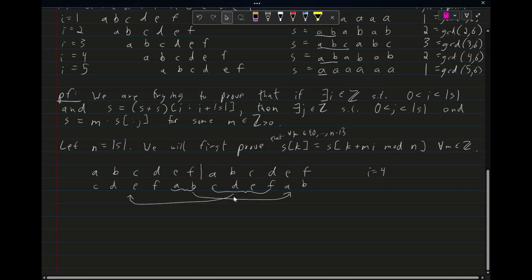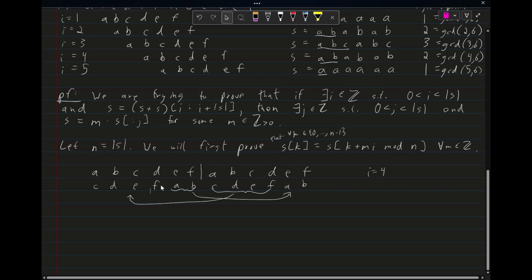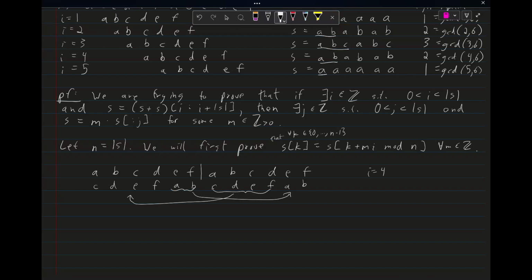Yeah, so what this shows us is that if we take length of s minus I, s plus I. Let's start this, and we will see if what I wrote makes sense.